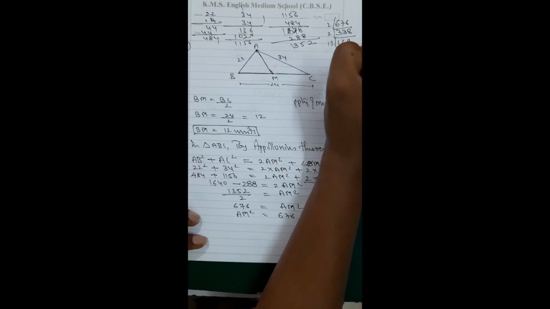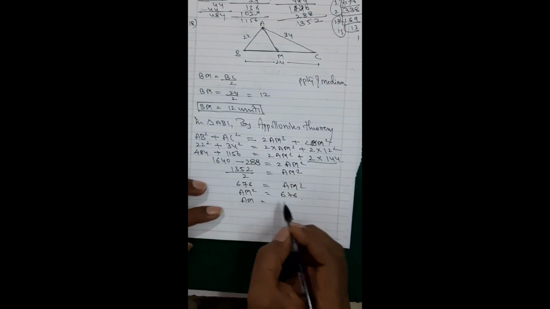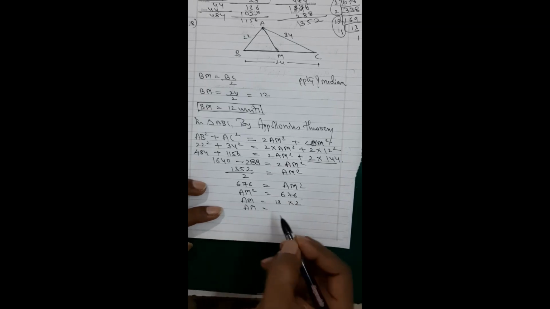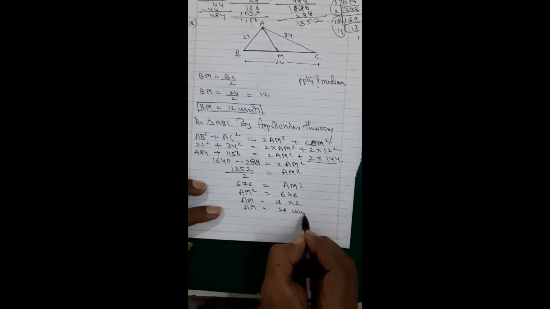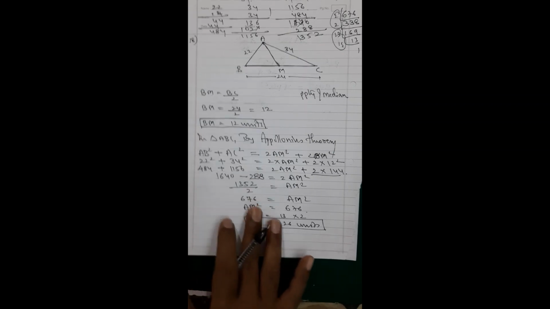We are getting 13, 13s are 13 1s. This will become 13 into 2, 26. I thought that I have trapped. I am trapped. So AM is equal to 26 units, but I am through, my dear students.